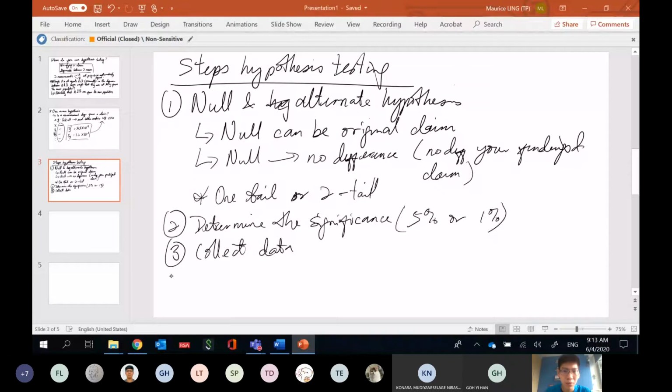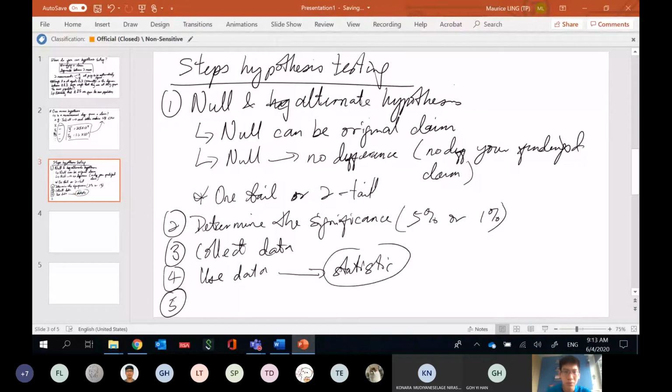Okay. The fourth is to then use the data to calculate what we know as a statistic. Okay, this statistic is important. Then five, you actually use the statistic and compare with the significance.